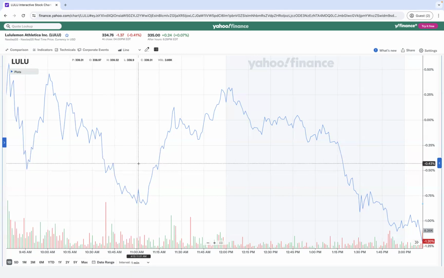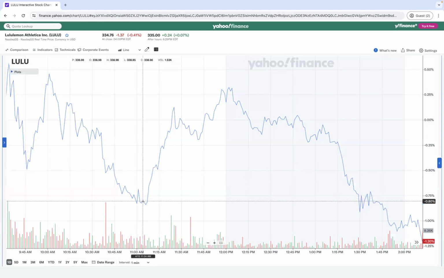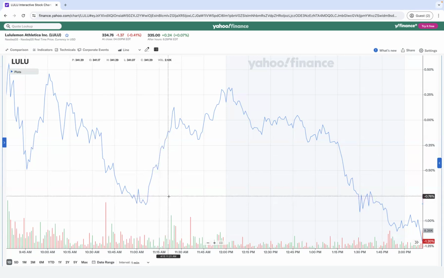Now, here's another fake dip and rip. Here's another fake one. Look, it dipped to 11:25. We had action, and it looks like, okay, this is headed in the right direction. It's going to test that open price point, 343.